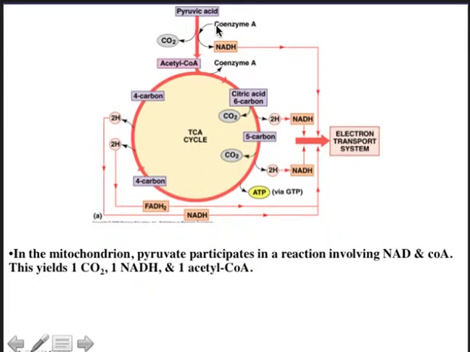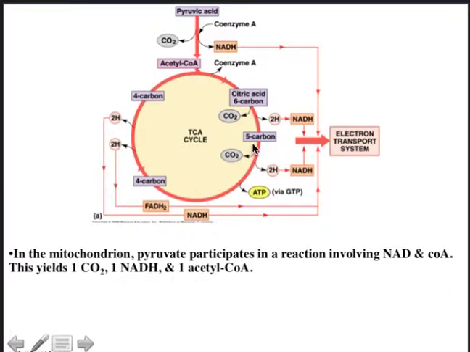We use the rest of the energy to form a molecule of acetyl-CoA by forming a covalent bond between the acetyl group of the pyruvate and coenzyme A, which now forms the starting product for the Krebs cycle.